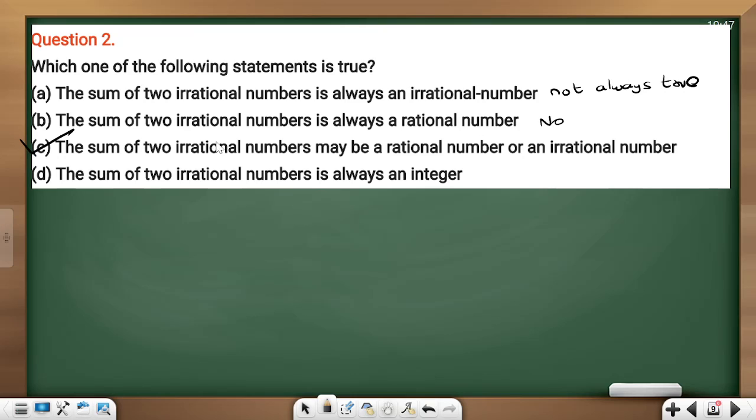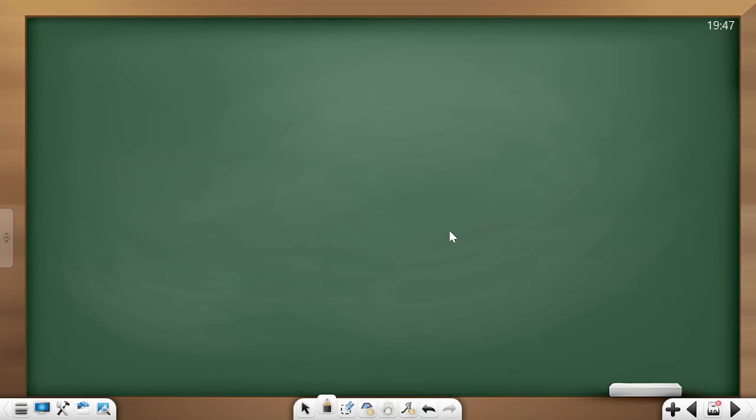It can be rational sometimes, irrational sometimes. Next one: the sum of two irrational numbers is always an integer. This is a blunder statement. How will it always be an integer? It can be either 0 or a rational number, nothing more than that. Therefore, option C is correct for question 2. I am going for the third question, Akshita.